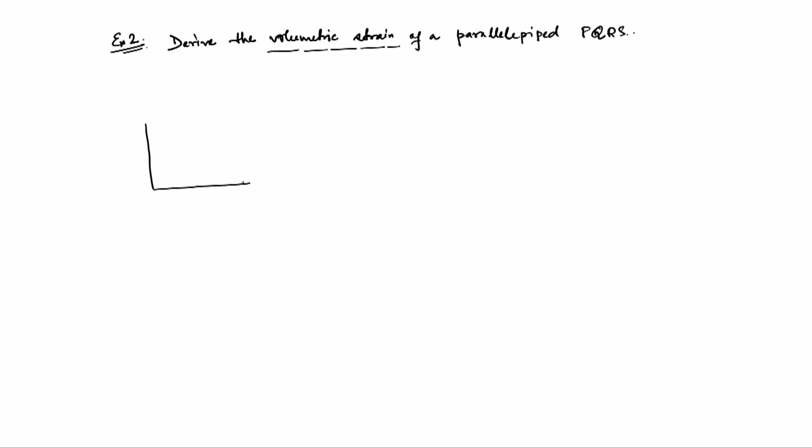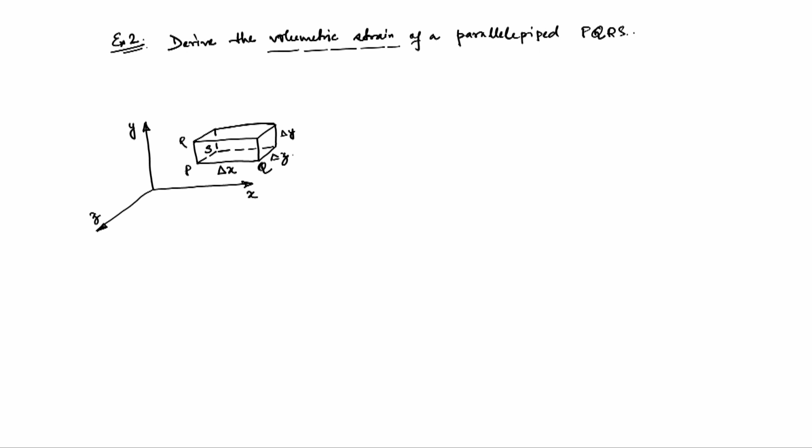So, we have XYZ axis, and then we have a 3D volume defined by P, Q, then R, and so this is S. And the size of this 3D volume is delta x, delta y, delta z, right.